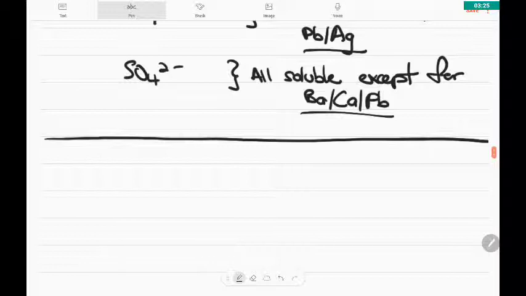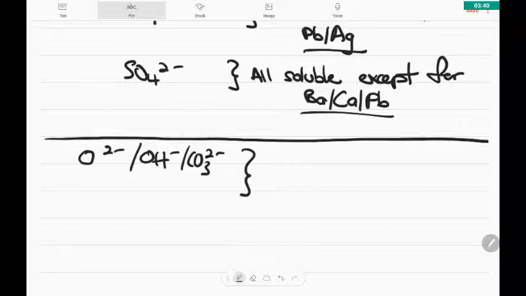Now, what about the rest? Right, so I'll conveniently group the rest as your oxides, your hydroxides, your carbonates. So for all this, which I call the rest, it's a little bit different.